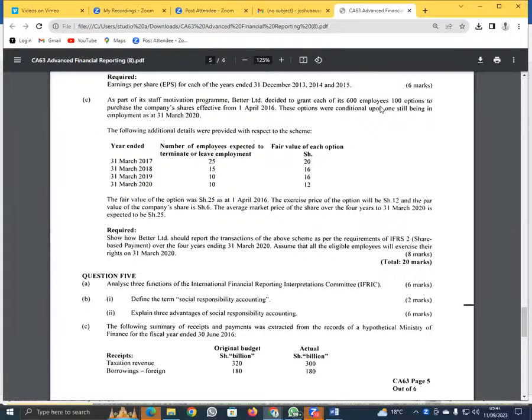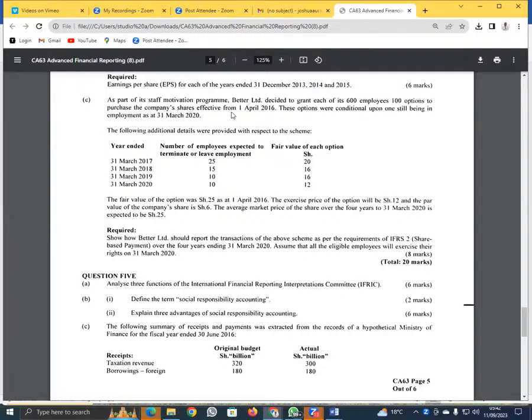So we're giving them options, what we call equity instruments. And if that is the case, for purpose of obligation valuation, I'll only look for the fair value as at the date when I was granting them these options. And these options were being granted on 1st April 2016. This is the grant date.